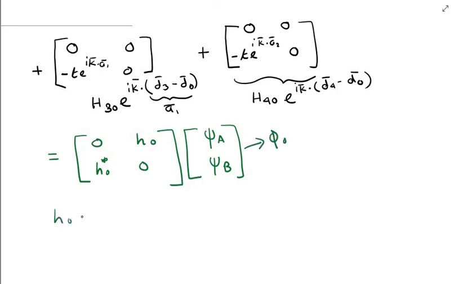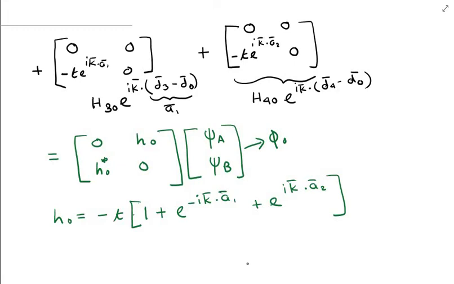So H0 is basically minus t times 1 plus e to the power minus ik dot a1 plus e to the power ik dot a2.